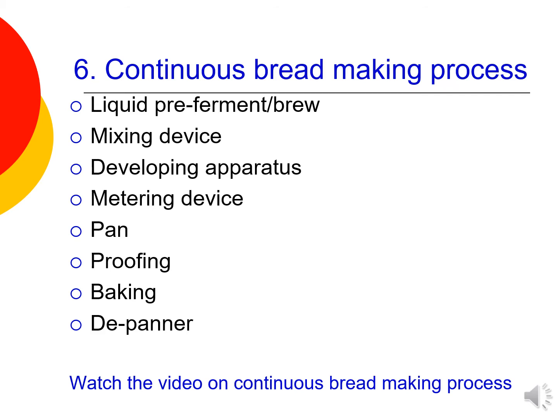The dough then moves out of the developer into a metering device that constantly extrudes the dough and intermittently saves loaf-sized pieces, which fall into a pan passing beneath.